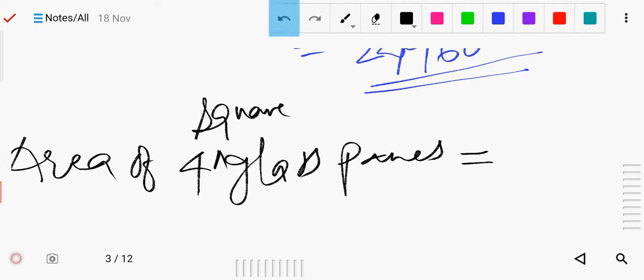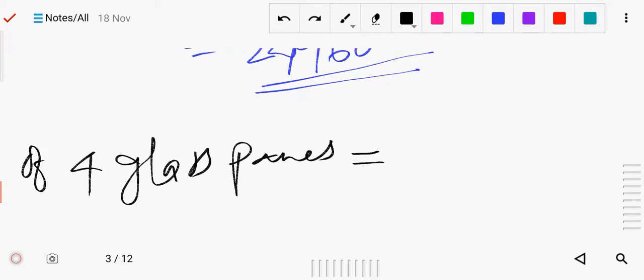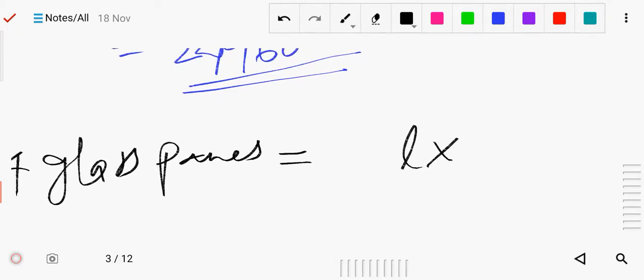Okay, it is not a square, sorry, so no need to write square, let it be area of 4 glass panes. So area of 4 glass panes will be L into B.